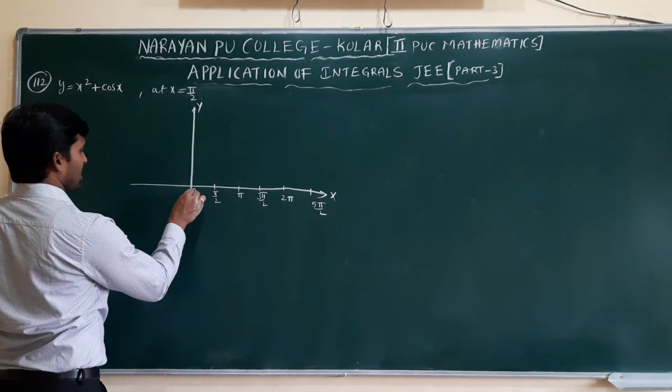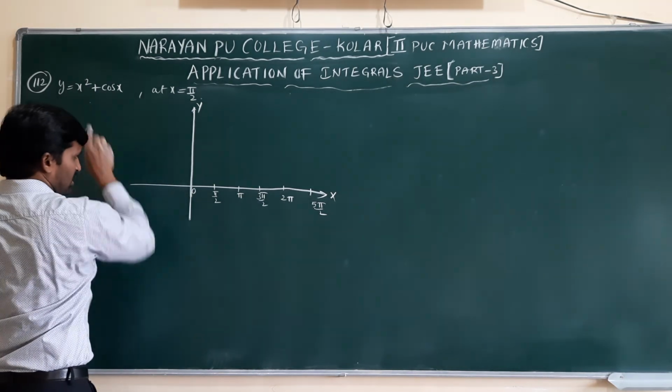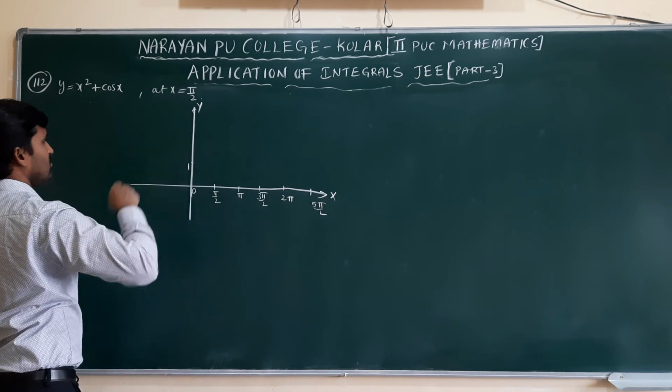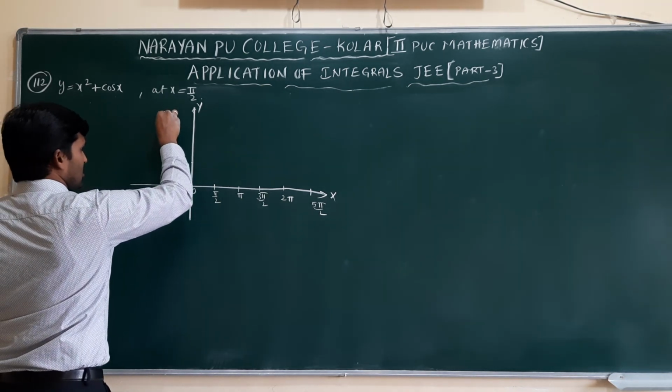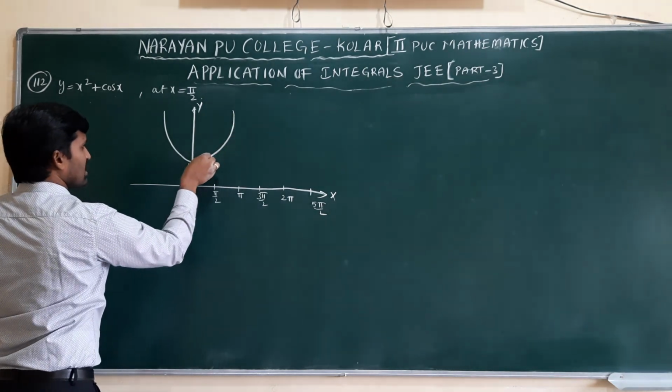For the curve, whatever you take, x value 0 gives 0, cos 0 is 1, that's why we get 1. This is also like a parabola in shape. If you take different values, this curve will exist.